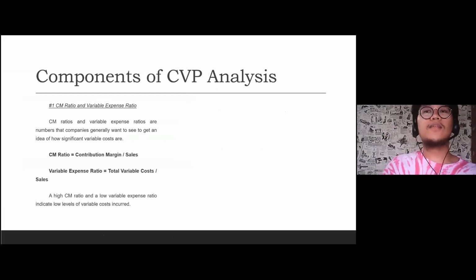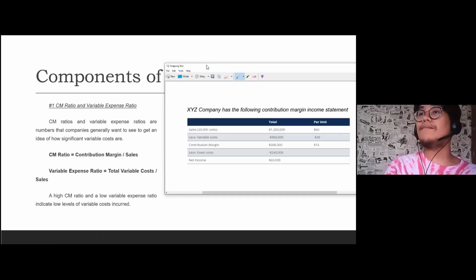Your contribution ratio is calculated by dividing your contribution margin by your total sales, and your variable expense ratio is calculated by dividing your total variable cost by sales. A high contribution margin ratio and a low variable expense ratio indicate low levels of variable cost incurred. Based on this given, can you compute for the contribution margin ratio?